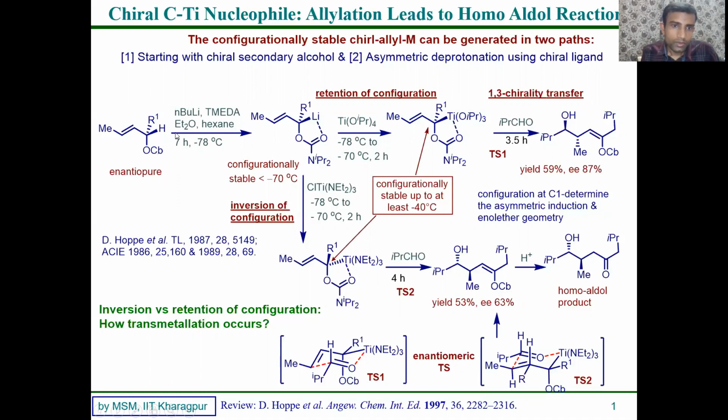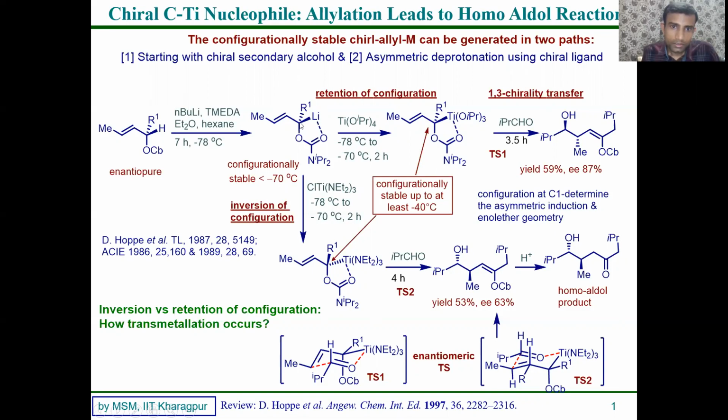Now, taking this substrate, which is enantiomerically pure, and treating with n-butyl lithium using TMEDA, almost a 1-to-1 complex, in ether and hexane at minus 78 degrees centigrade for 7 hours, it does the deprotonation. And as I discussed already, you can click the link at the top right corner to get the details.